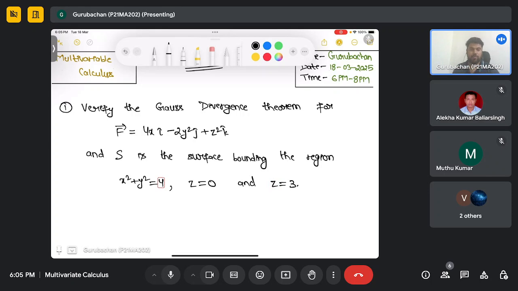So we have given a vector field, and we have told about the surface which is bounding this particular region. We have to verify the Gauss divergence theorem. Try this one.